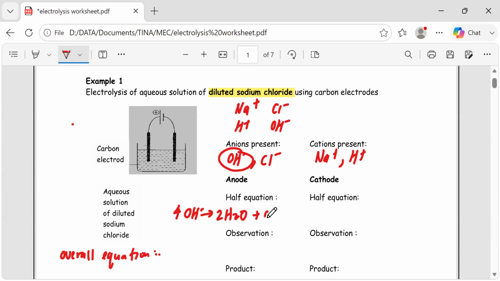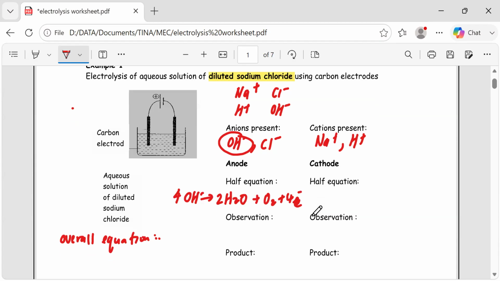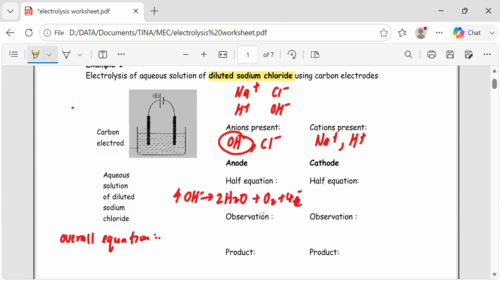Remember, how do you know it's this? Because I wrote it for you 5 million times last week. Now observation. You will see what? Oxygen is bubbles. So you will see bubbling, or you can say effervescence. The name of the product is called oxygen.